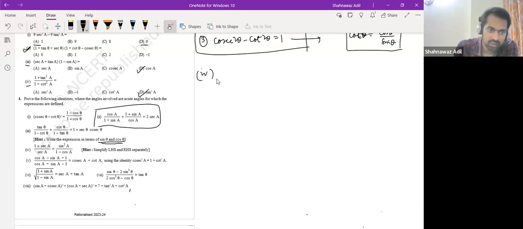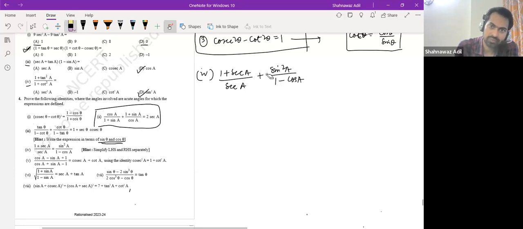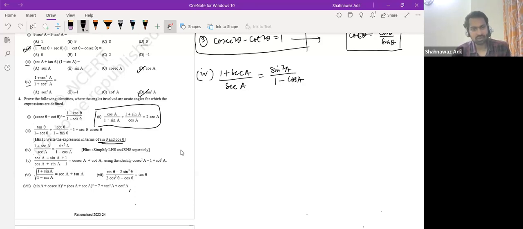The fourth one: 1 plus sec A divided by sec A equals sine square A divided by 1 minus cos A. We have to prove this. From the hints also, we have to simplify both sides, right? Let us write this one. This is LHS.